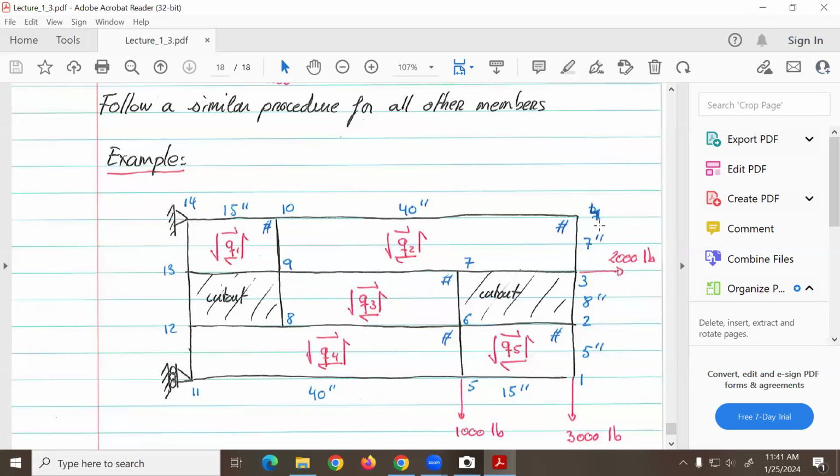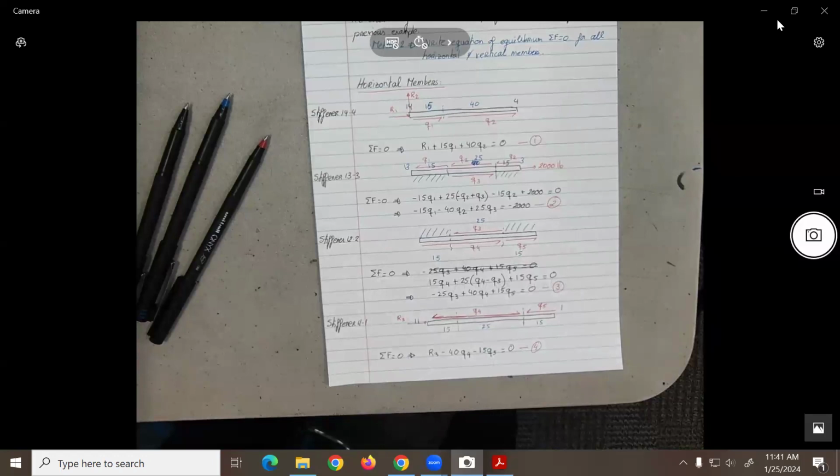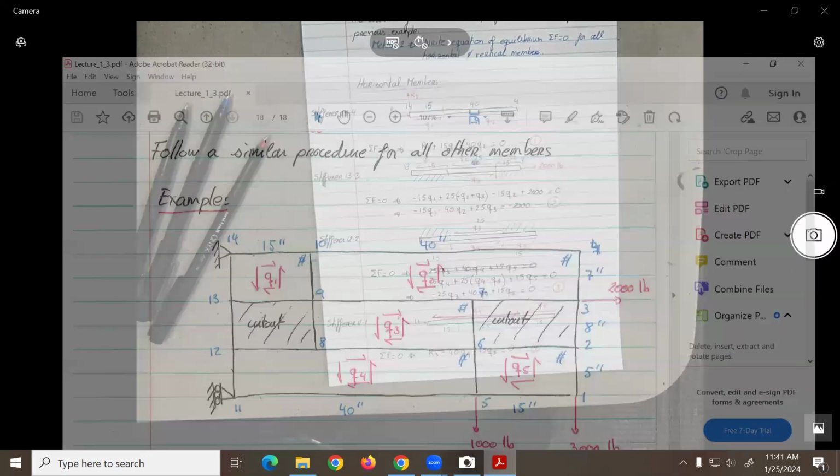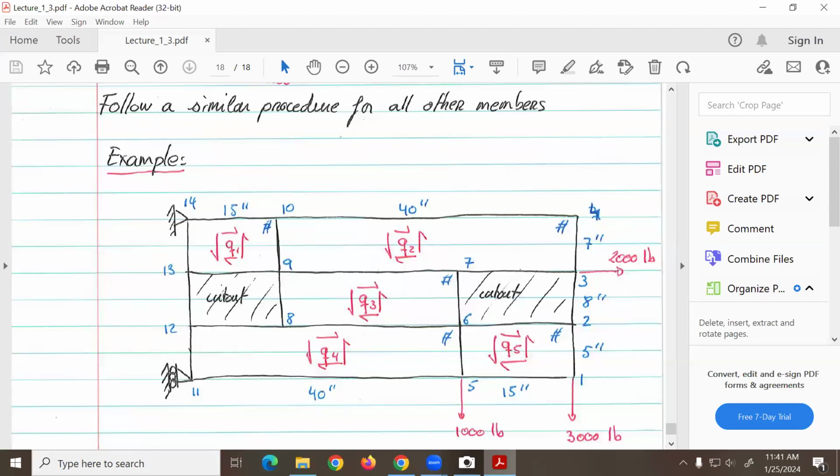Okay, so we did this one over here, 13.3, 12.2, 11.1. Now we're going to do 14.11, 10.8, 7.5, and this one over here. Okay? All right, so we did the horizontal members. Since I have the figure over here, if you look at the figure, how many unknowns are we going to have?